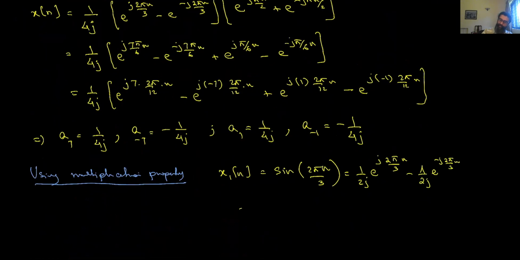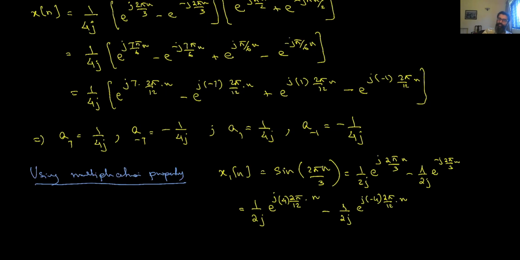But I can write this as 1 upon 2j e raised to power j 2 pi by 12 times n. So what should I have as k? 4. Right, so this is 4 here. And similarly, minus 1 upon 2j e raised to power j minus 4 2 pi by 12 times n.